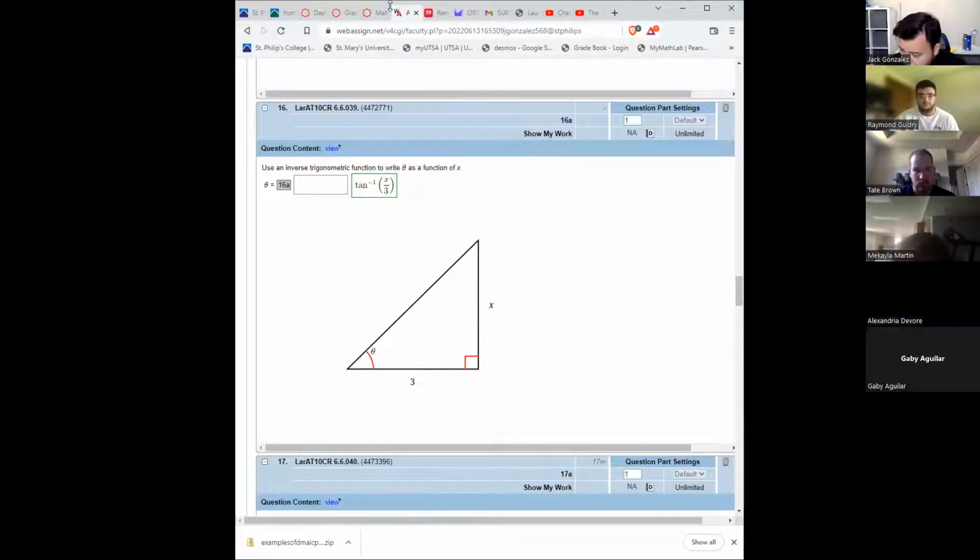One second. And they give us this triangle. So currently we have what? An unknown under 3. Let me switch back to the paper.